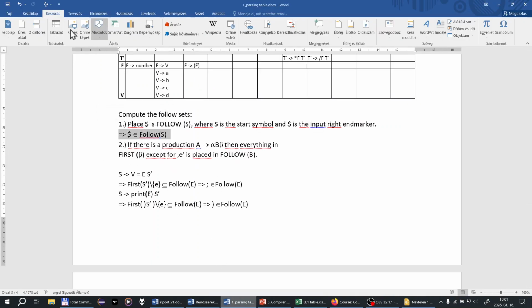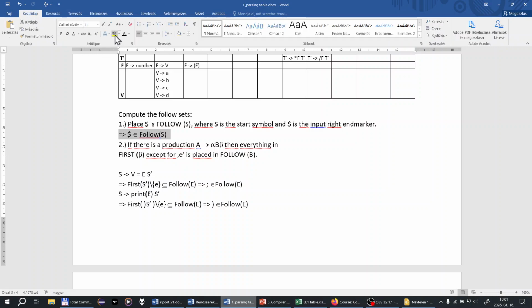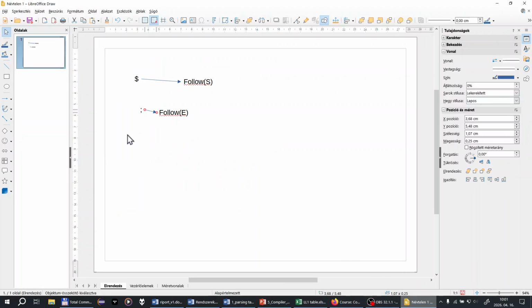Okay, so we have this one, and this one. Closing bracket is an element of follow A. Let's see.